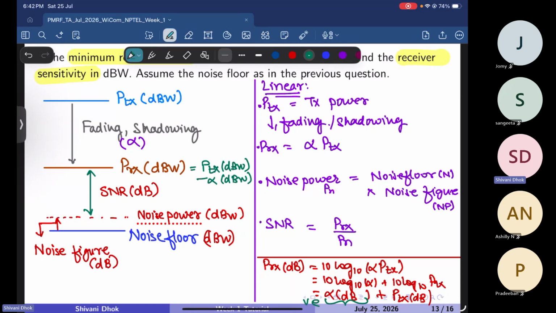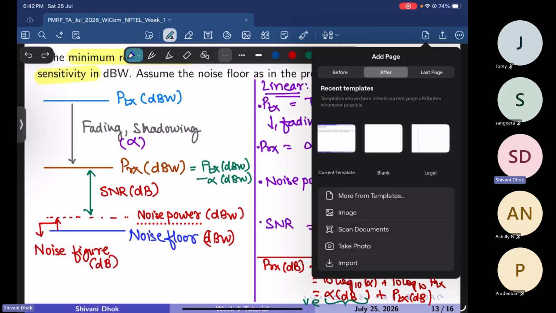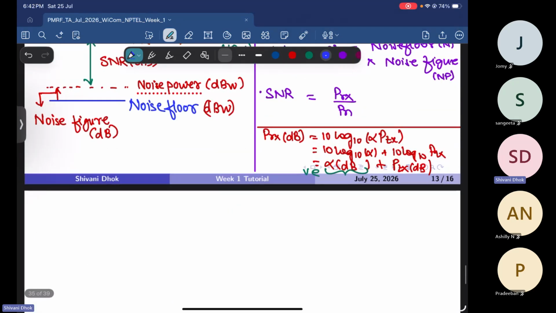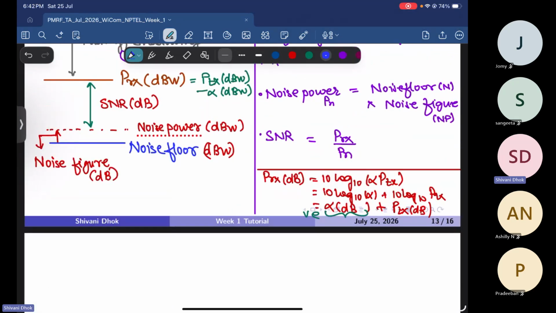Okay. Then you have the noise figure. So noise figure in linear, or noise power in linear, Pn, was your noise floor N into your noise figure Nf.